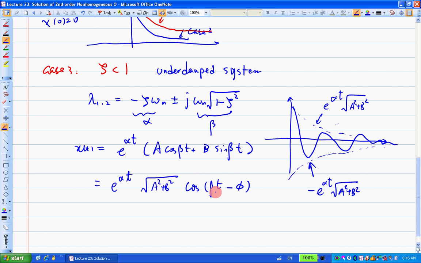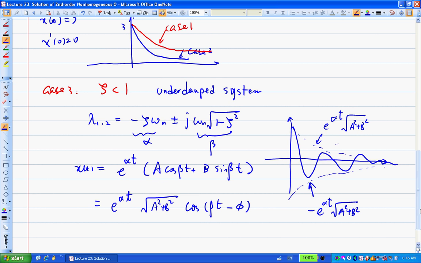If I don't have this amplitude, just the cosine term, that's constant oscillation, right? However, now you have an amplitude term, but it is not a constant amplitude. The amplitude is modulated by this e^(alpha t), and e^(alpha t) is an exponential decay curve.